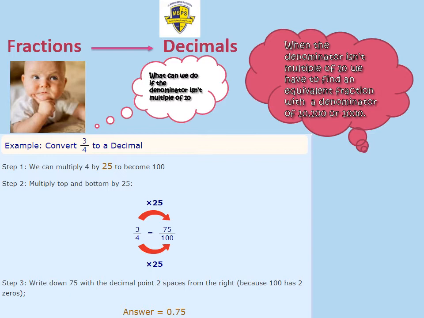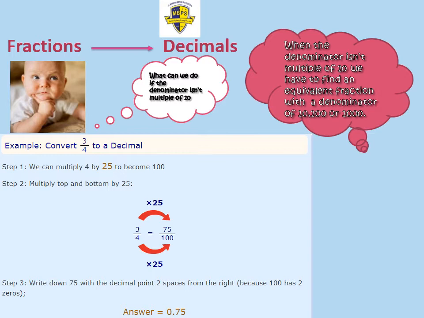No, we can't. 10 is not a multiple of 4. So, we can make 400. Excellent. Yes, we can. Using multiplication, we multiply by 25. So we want to multiply this fraction by 25.